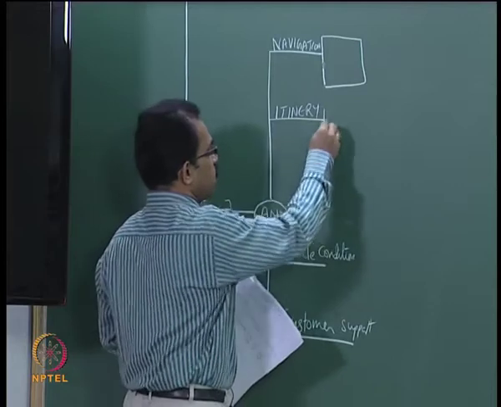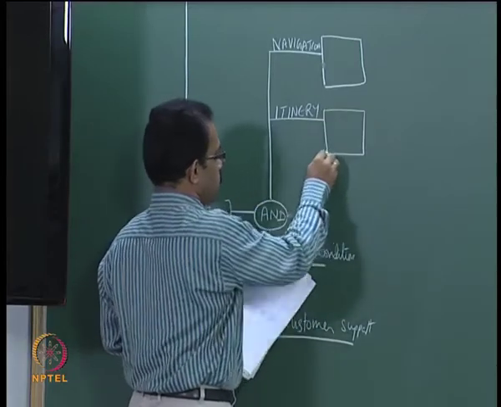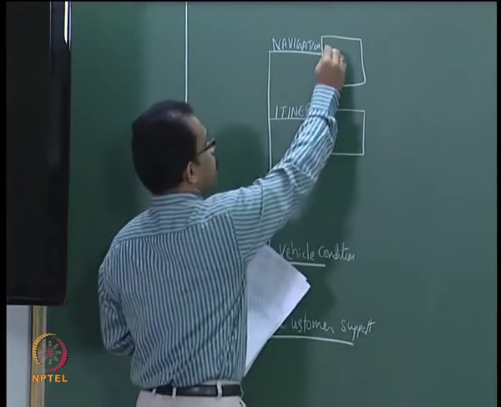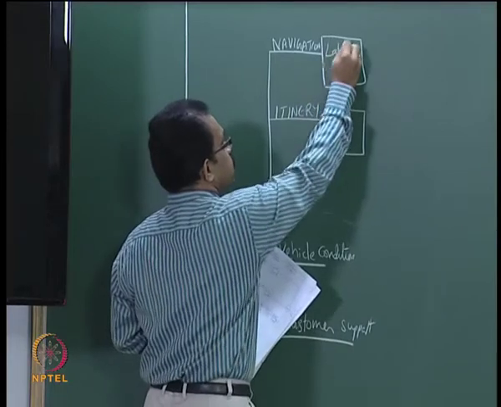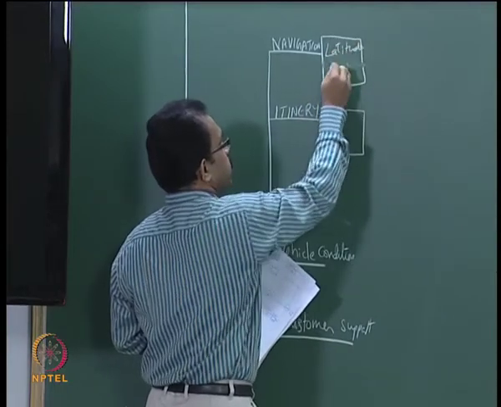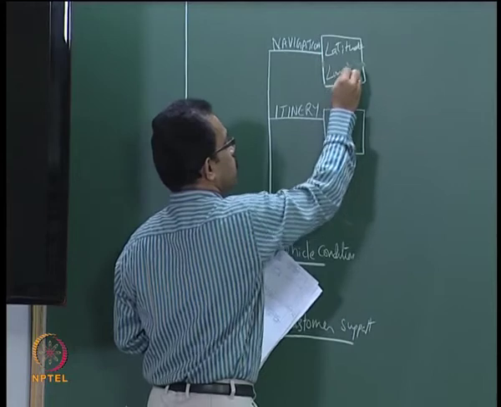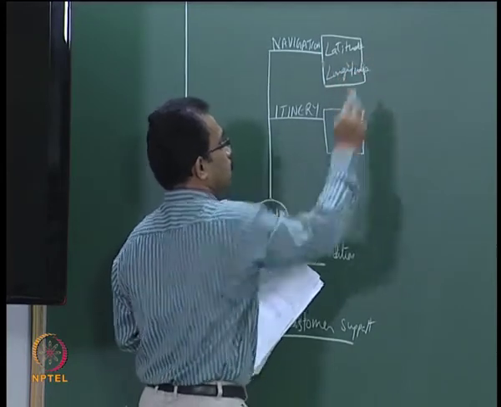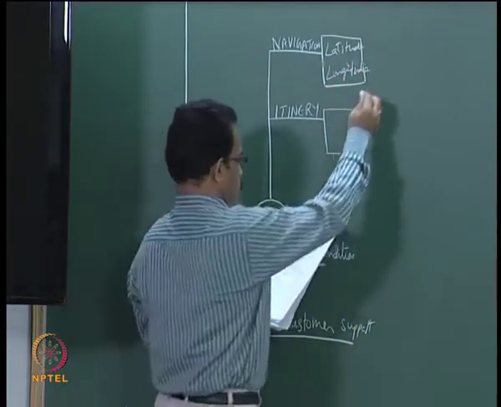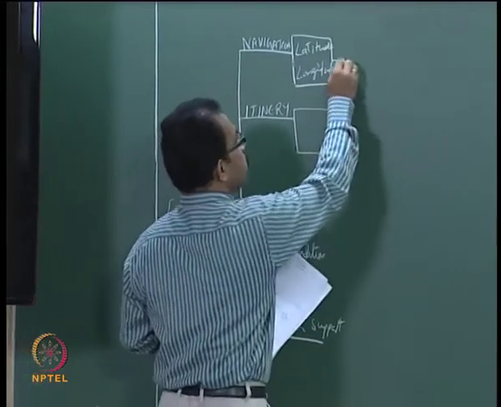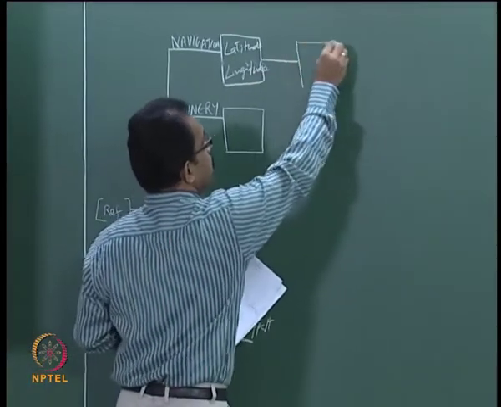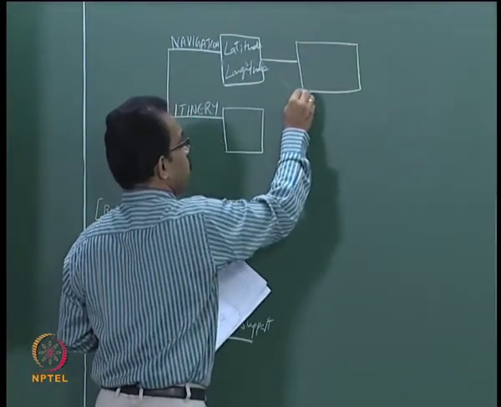So what are these functions? We will write down those functions here. Basically we will be looking at the latitude and longitude calculation, latitude, longitude, and then integrating the current position with the map.